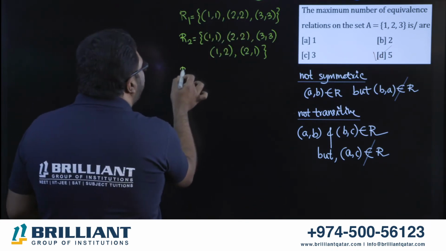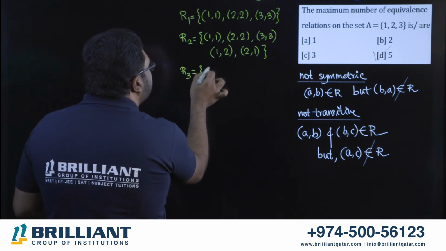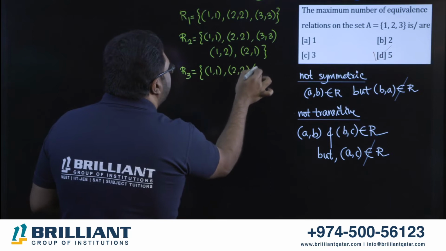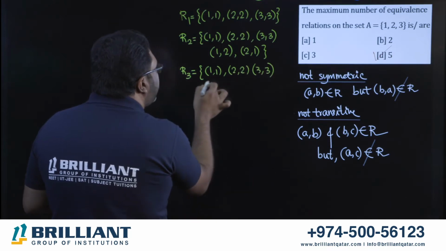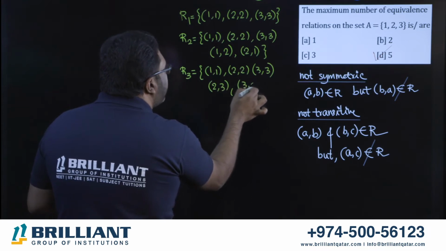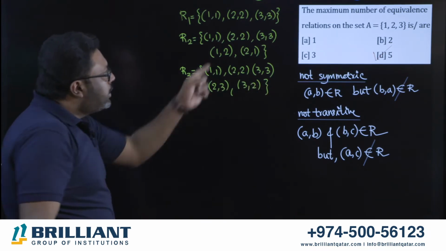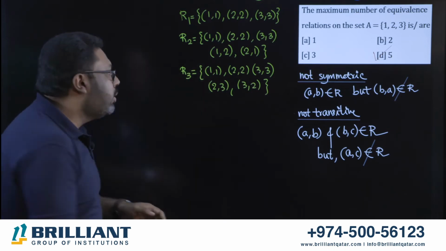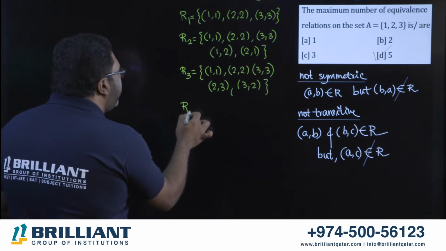Let us talk about a third equivalence relation, R3. R3, same way. 1, 1, 2, 2, 3, 3, and I'm going to introduce another pair called 2, 3. So then to make it symmetric, I will say 3, 2 as well. The same reason for why R2 is equivalence, R3 is also equivalence. Now, is there any other pair left?